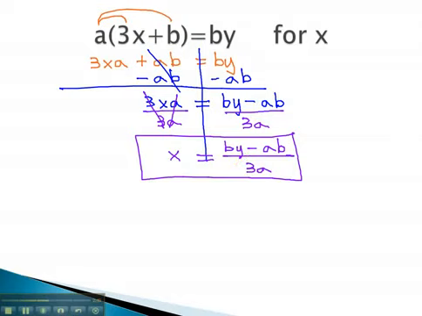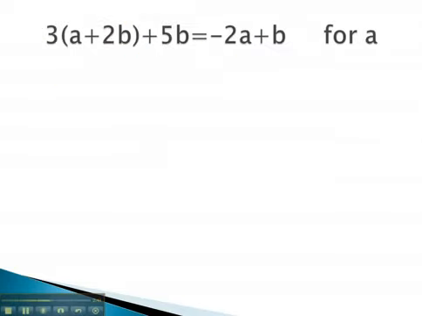Let's try another example. In this next problem, you'll notice we also have parentheses that need to be dealt with first. Again, we will distribute through the parentheses as we begin. This gives us 3a plus 6b plus 5b equals negative 2a plus b.